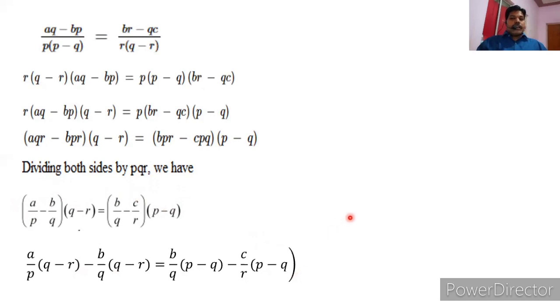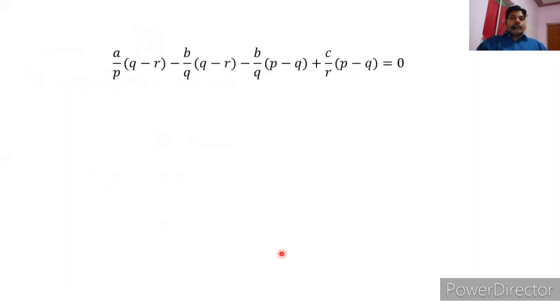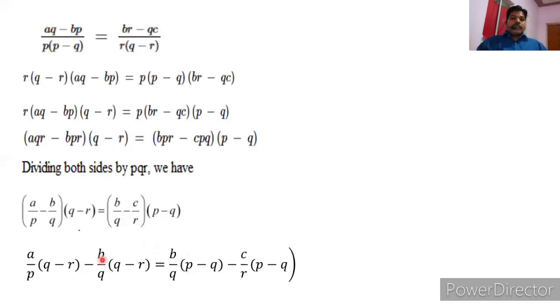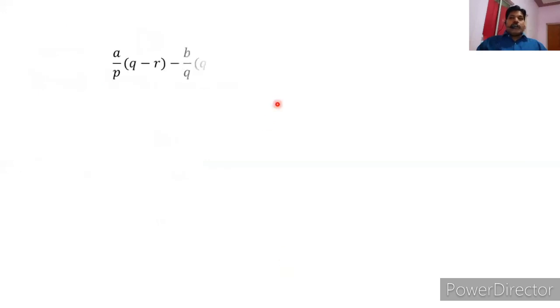Take that value here. After getting it, take all the terms to one side. Take this term to the LHS side, minus B by Q into P minus Q. Take this term to the LHS side, it will become plus C by R into P minus Q is equal to 0. So all the terms are on one side.